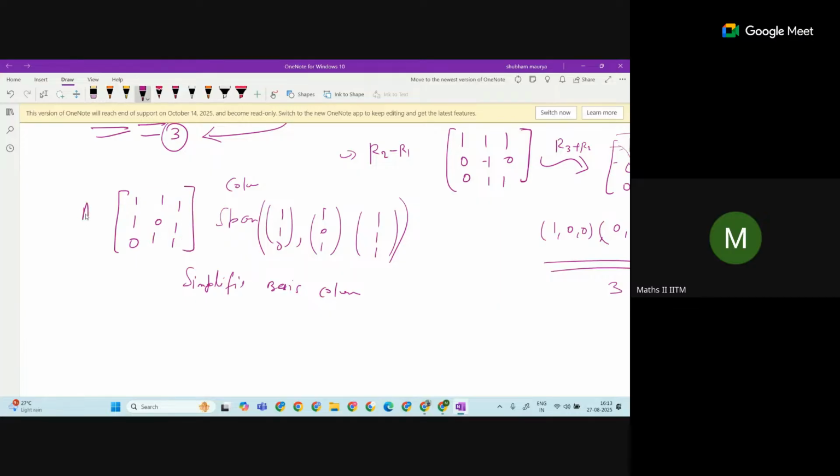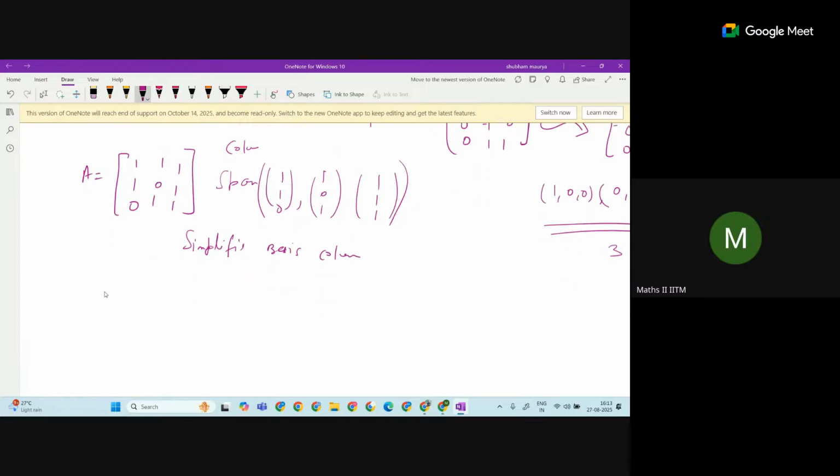I have this matrix A. We know only the row operations. So what we will do is take the transpose of it. So this will be 111, 101, and 011. I took the transpose of it. Now start solving this. Reduce it to upper triangular form, doing row operations r1 minus r2, or r2 minus r1 and r3 minus r1.